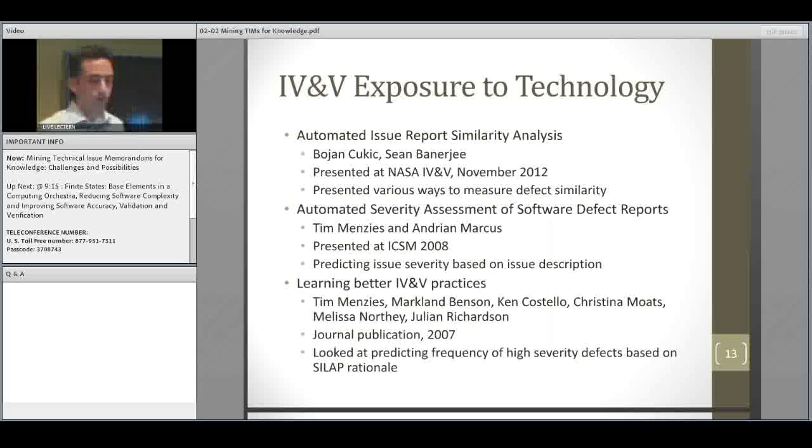I want to also acknowledge that our program here at the NASA facility has been exposed to this technology, and there has been a significant amount of work that we could build from here. Some of this work is identified here.